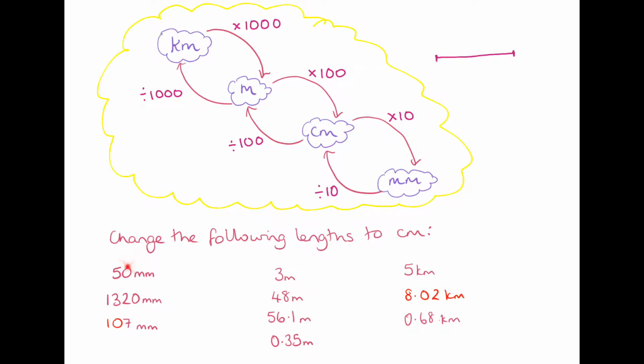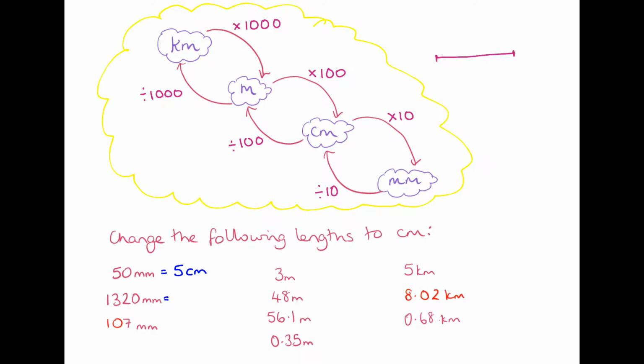So first of all, we're going to change 50 millimetres into centimetres. So find millimetres, find centimetres, and we want to go millimetres to centimetres. So it's this arrow that we're following. So we're going to be dividing by 10. Okay, so 50 divided by 10 is 5 centimetres.